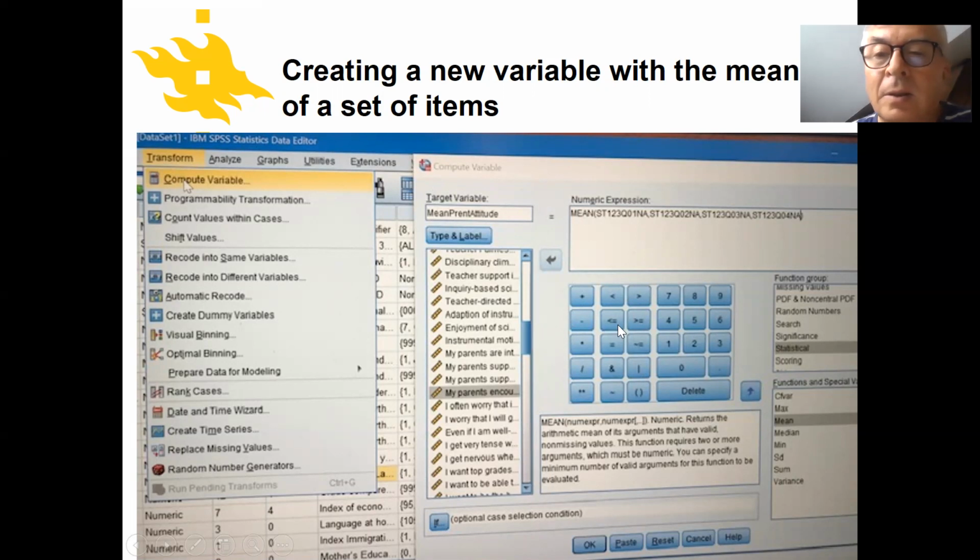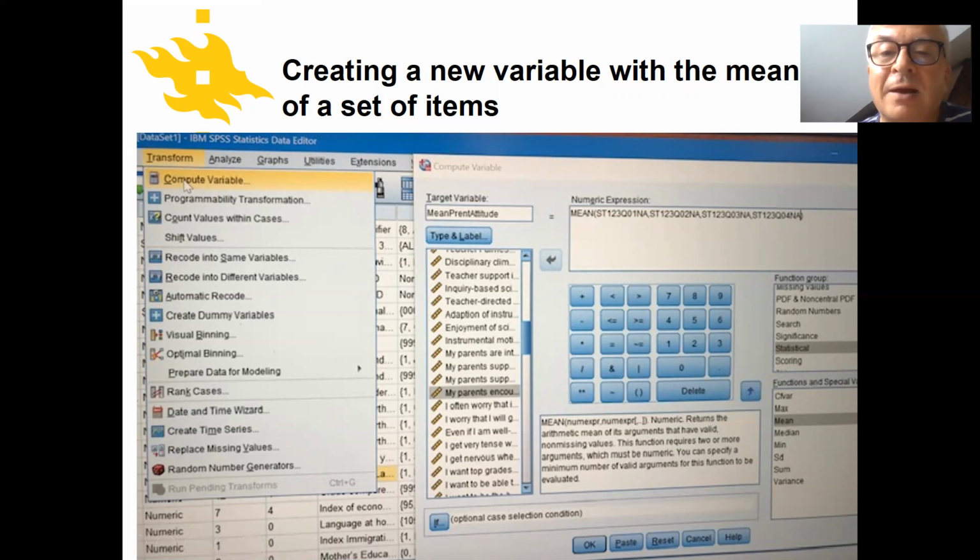to go here. So we were just in analysis. Now we go to transform, compute variable. And there we would start out by finding statistical functions, or you can look at all the functions, but statistics would give us this. Most important part would be mean or sum. If you select it, then it pops up here.